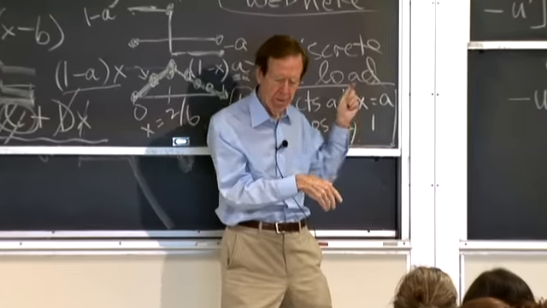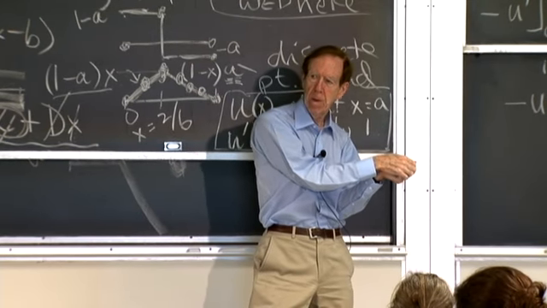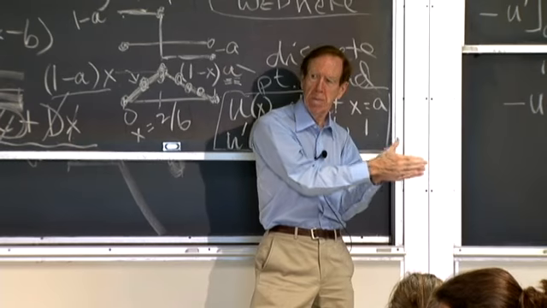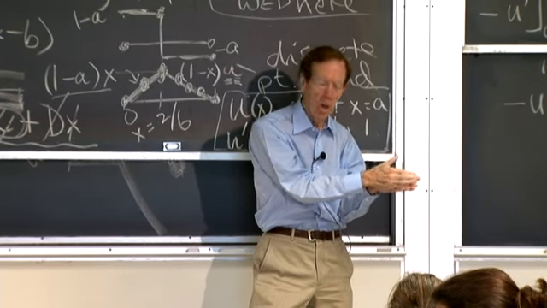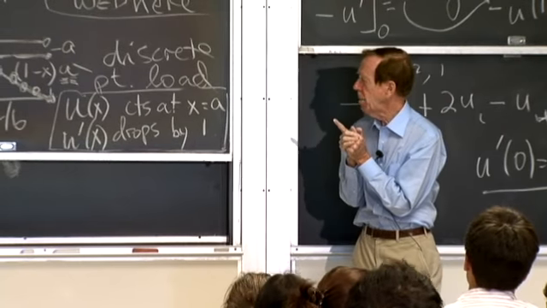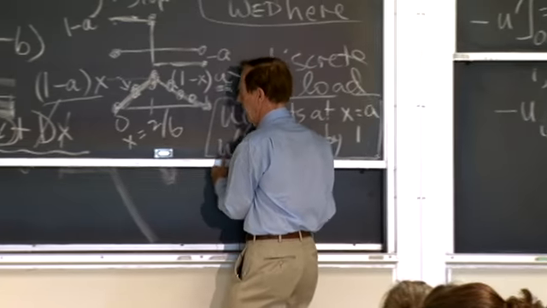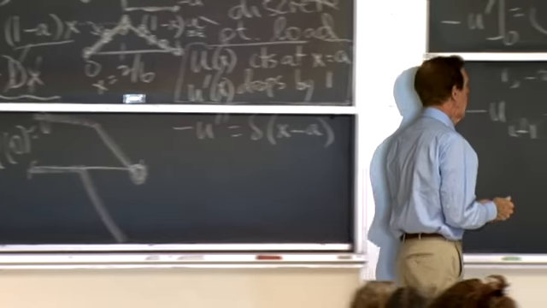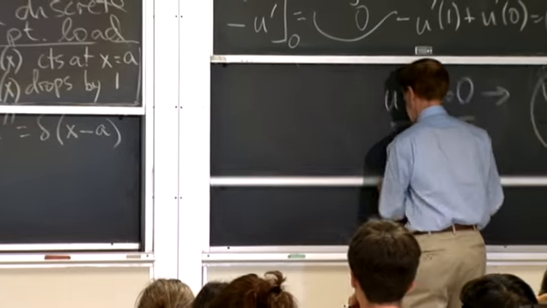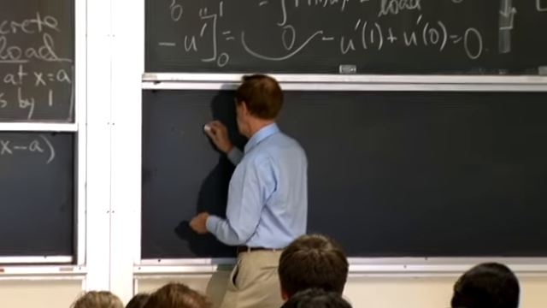Instead of a boundary condition at 0 and a boundary condition at 1, you're putting both boundary conditions at the end? Yes. Okay, that would be very typical, and we will do it.